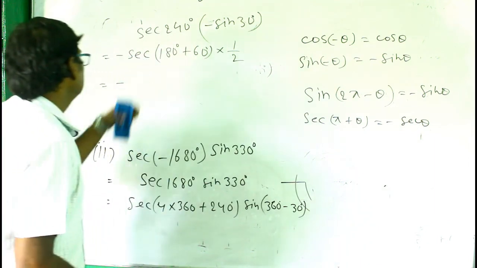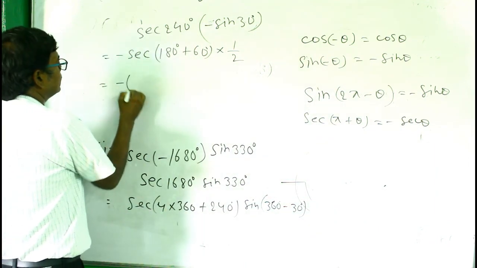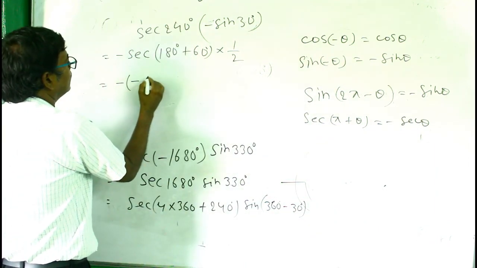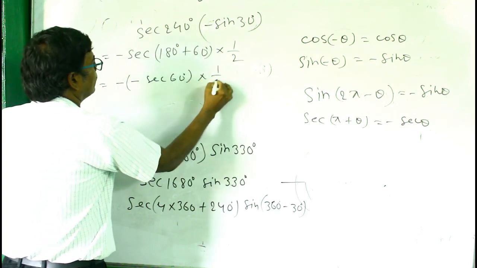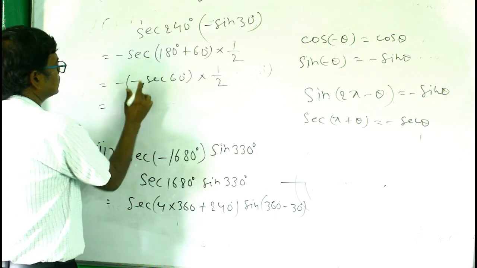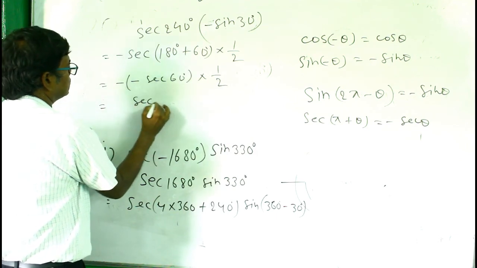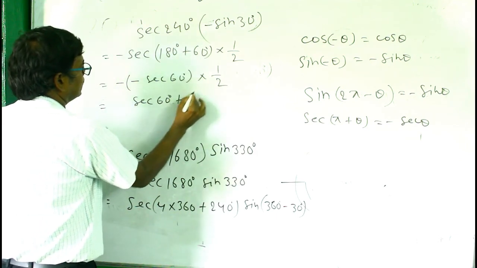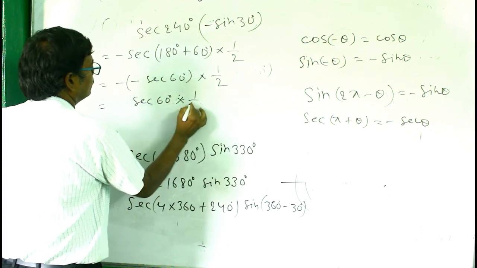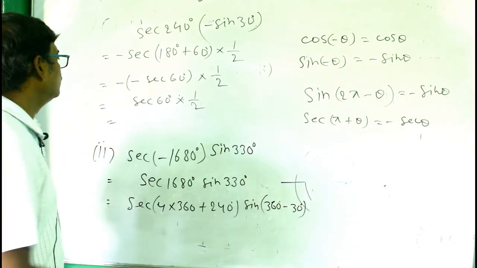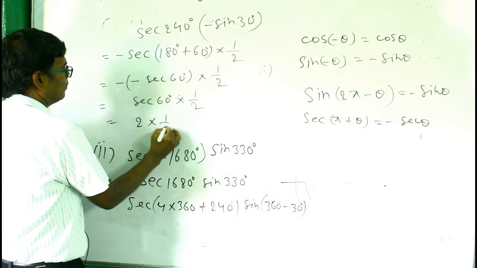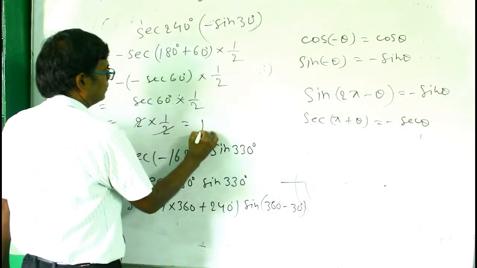So you already have a minus there. Then it will be minus of minus sec 60 degree into 1 by 2, and minus minus will be plus. So you have sec 60 degree into 1 by 2. What is sec 60 degree? Sec 60 degree equals 2, so 2 into 1 by 2, the answer is 1.